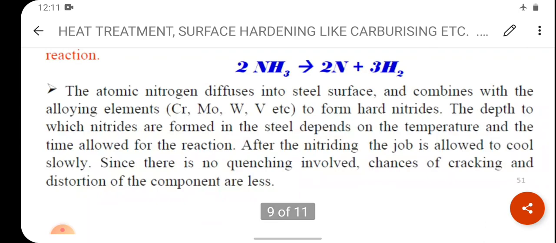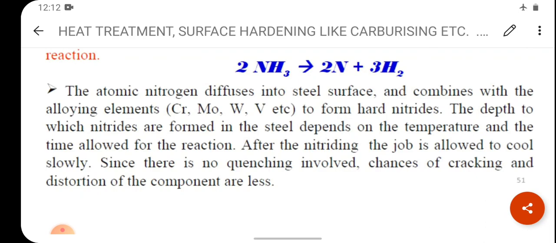The atomic nitrogen diffuses into steel surface. Atomic nitrogen diffuses into steel surface and combines with the alloying elements, chromium, molybdenum, tungsten, vanadium, etc. to form hard nitrides.